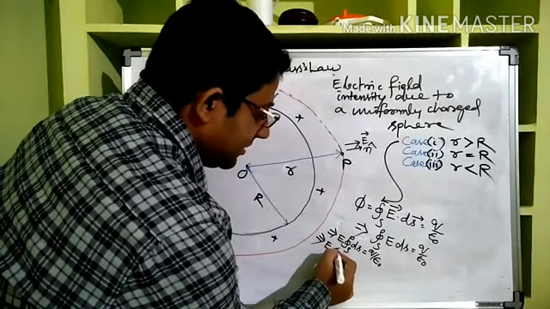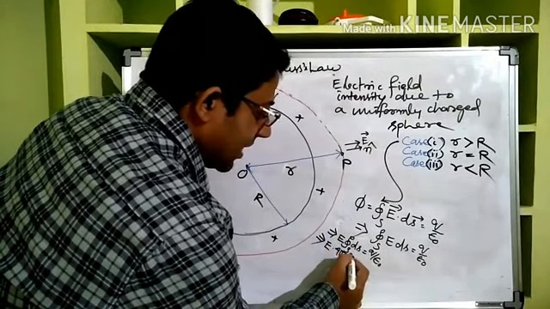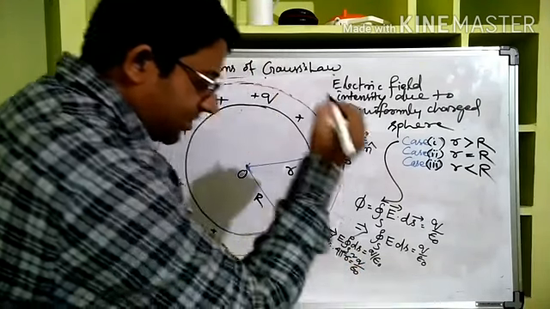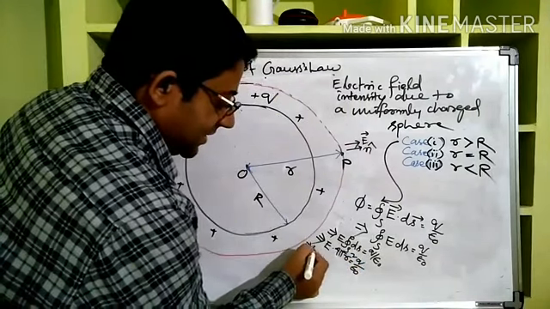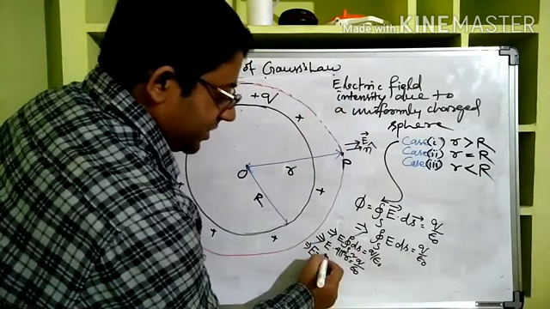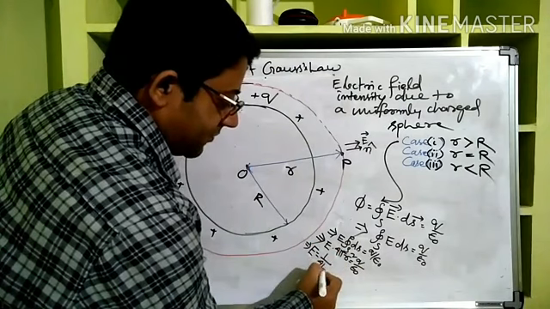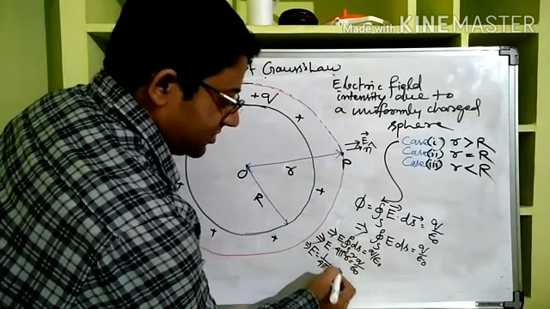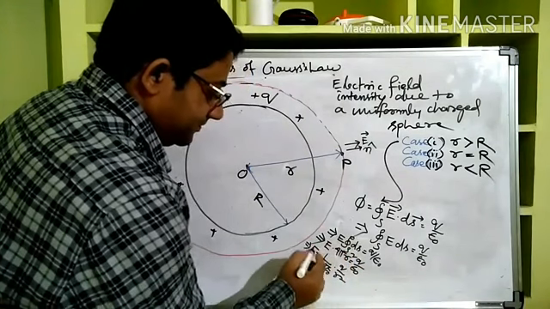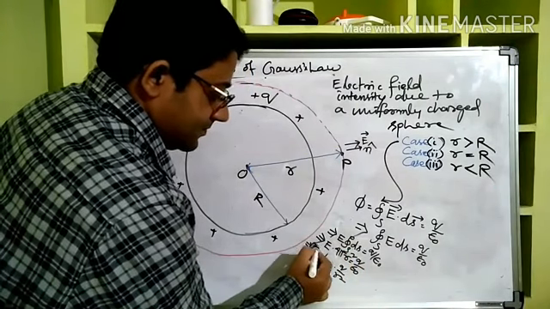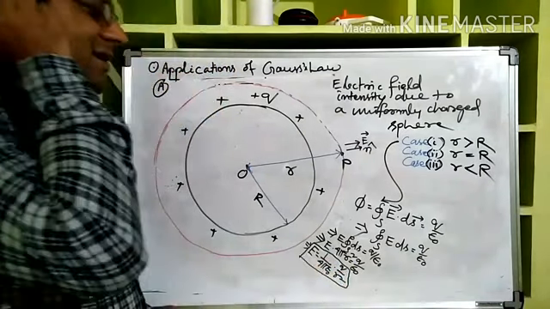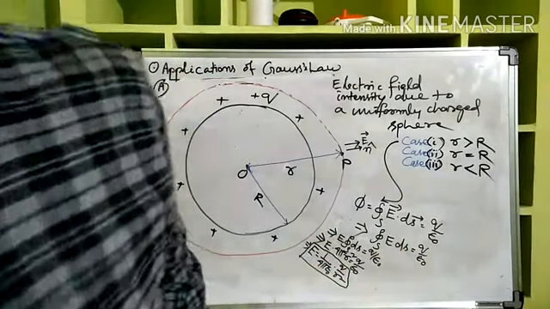So E multiplied by 4 pi r square is equal to q by epsilon naught. This implies that E is equal to, bringing 4 pi r square down, 1 by 4 pi epsilon naught times q by r square. Is it clear till here?